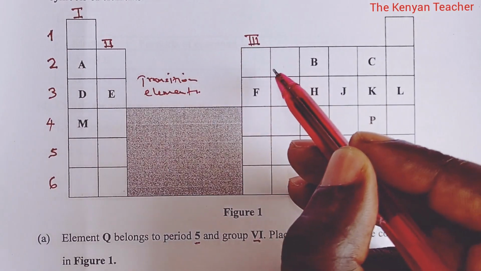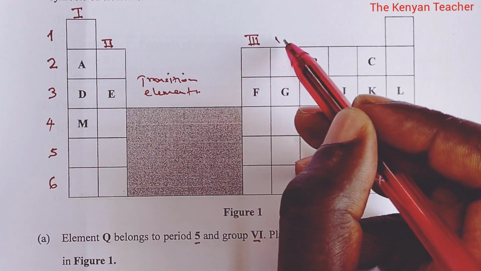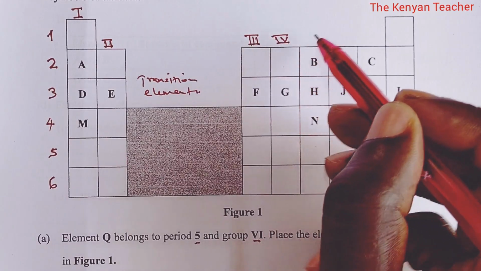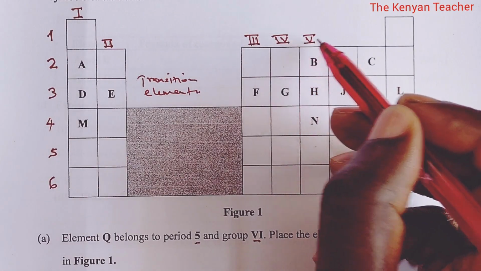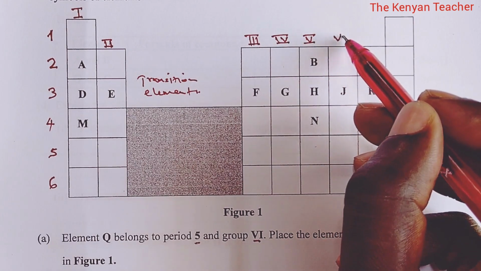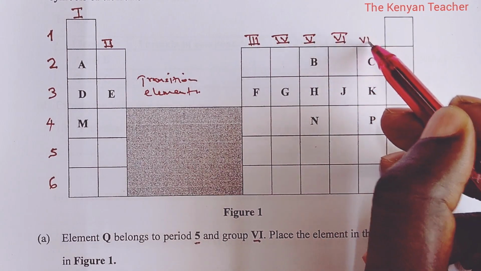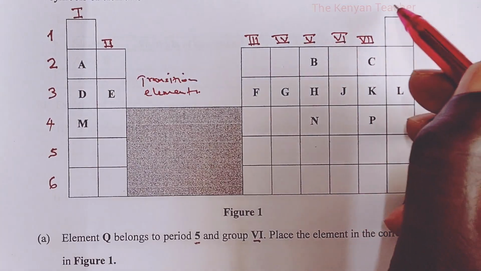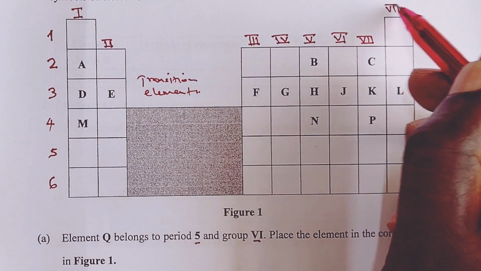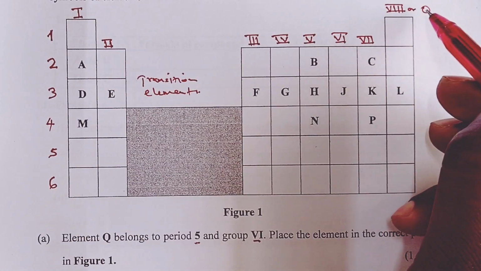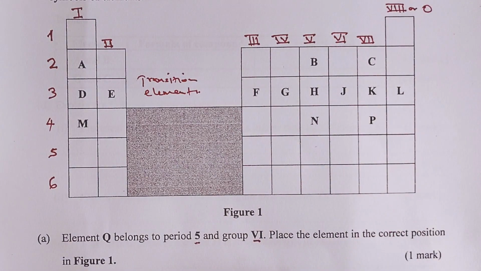Groups are usually represented by Roman capital letters. So we have 4, 5, 6, 7, and then there is group 8, or we call it group O. So we are informed that element Q belongs to period 5, group 6.